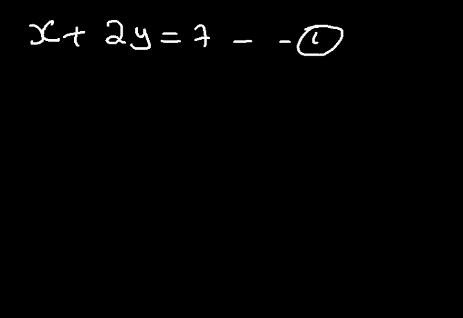because those are the aspects you have to make use of in this video. Let's say we have the equation x plus 2y is equal to 7. Let's say this is equation 1, and we have x squared minus 4x plus y to the power 2 is equal to 1.